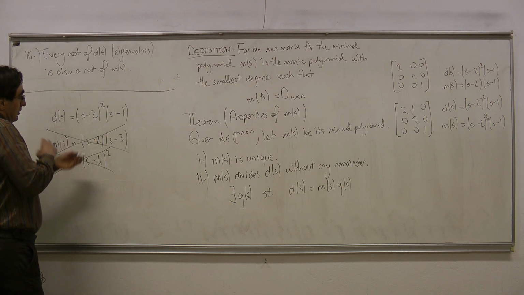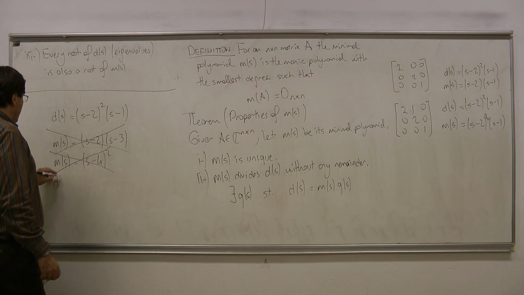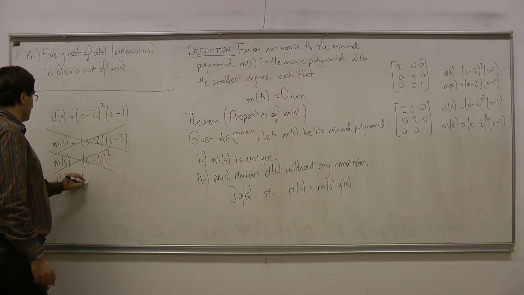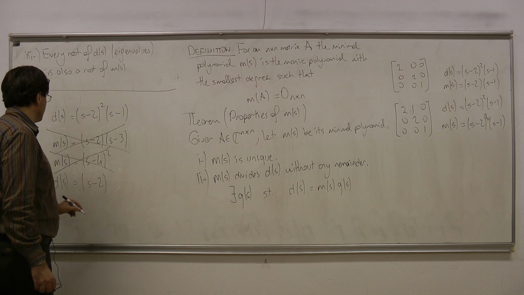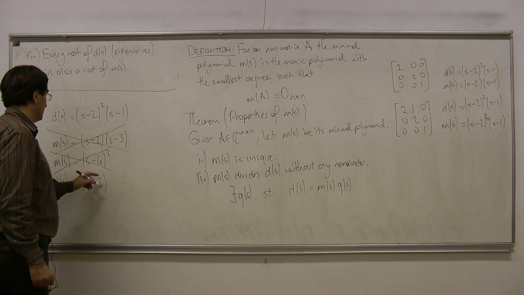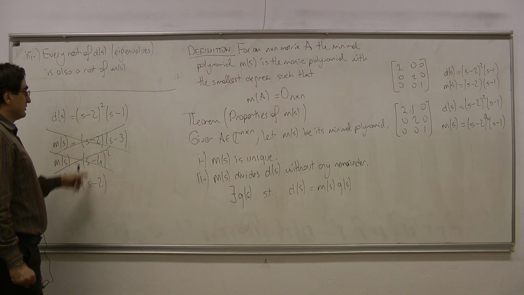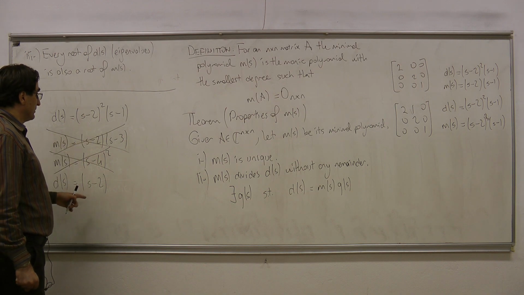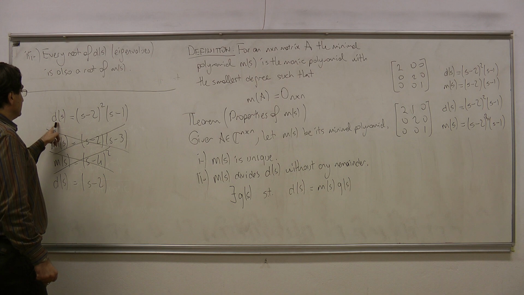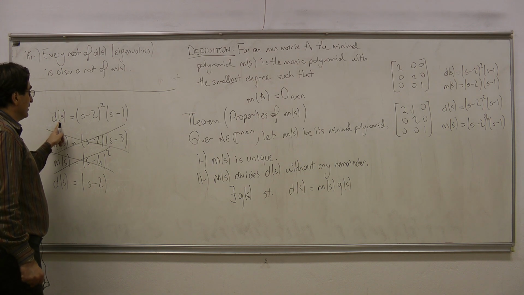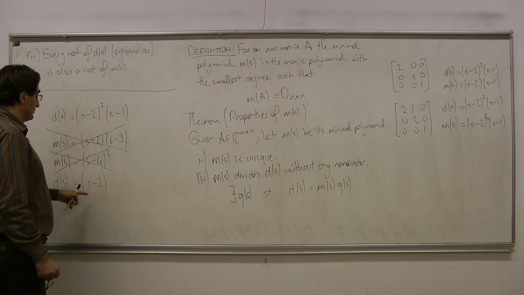Okay, so can the minimal polynomial be this one, s minus 2? In this case, this really doesn't violate the properties, because s minus 2 divides d of s without any remainder, right?